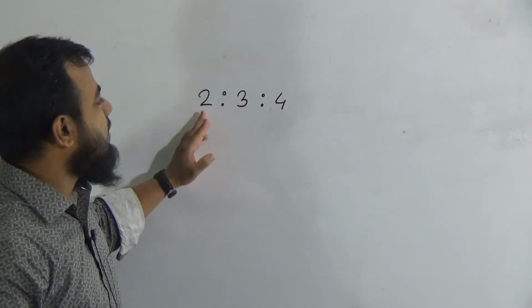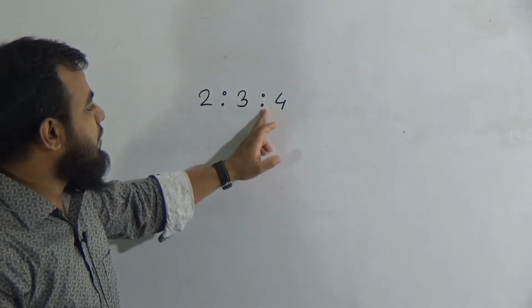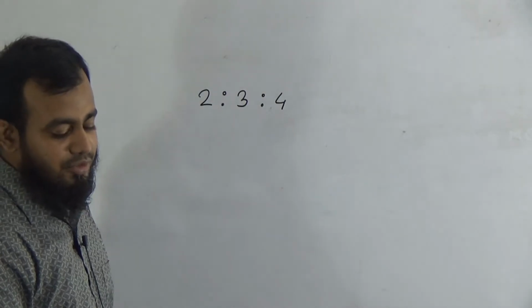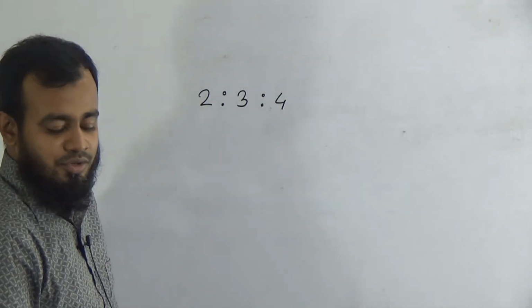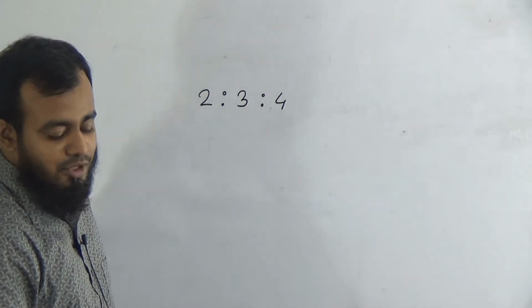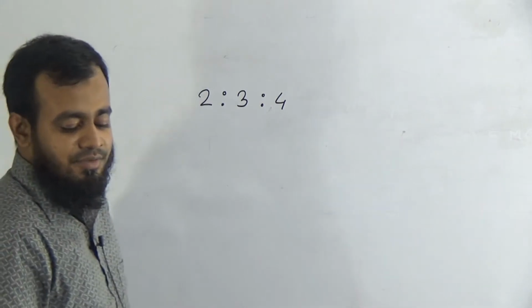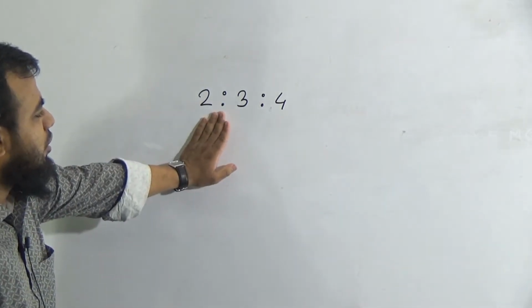That means here how many expressions are there? 1, 2 and 3. If the ratio has 3 or more expressions, then that ratio is called a multiple ratio. After that we will discuss the successive ratio, but this ratio is called a multiple ratio.